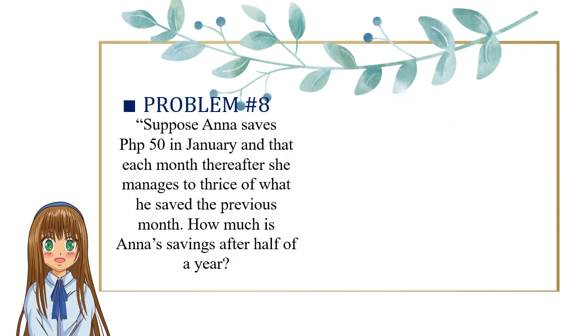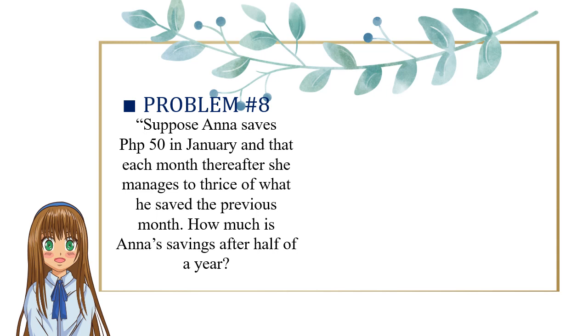Okay, so last problem. It is still related to the previous problem that we've solved, but this time the question is, how much is Anna's savings after half of a year? So here in the problem, the terms are being considered by month. But the question here right now, how much is Anna's savings after half of a year?